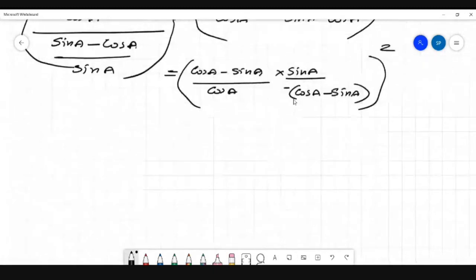Now we know that when a negative expression is squared, it will be positive. So that negative square is positive, you can cancel these two terms. If you want, you can rewrite one more step, otherwise directly you can cancel these two.